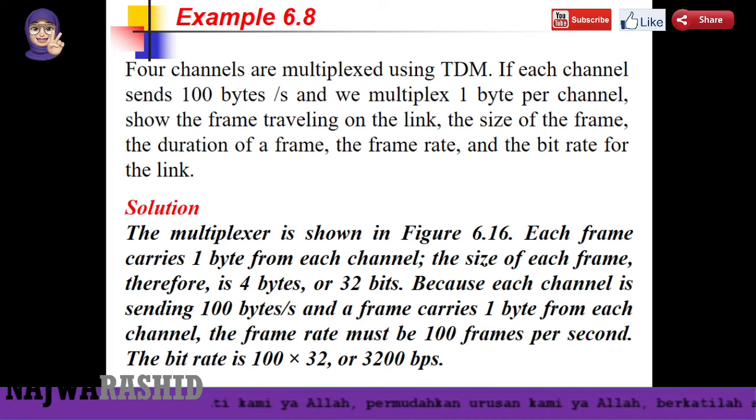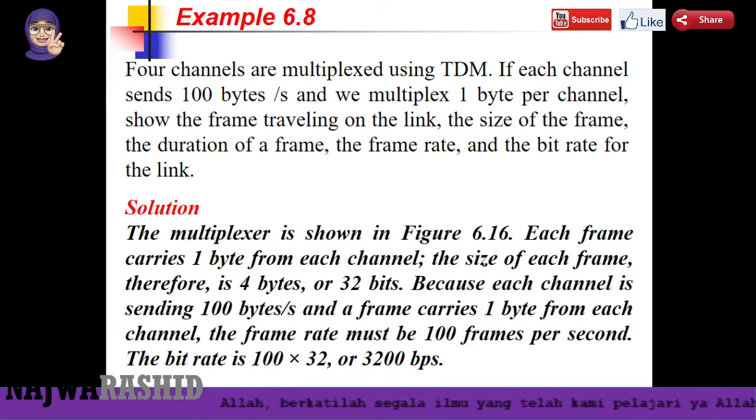Each of the channel sends 100 bytes per second, and we want to multiplex 1 byte per channel. So you need to show the frame traveling on the link, the size of each frame, the duration of the frame, the frame rate, and the bit rate of the link.